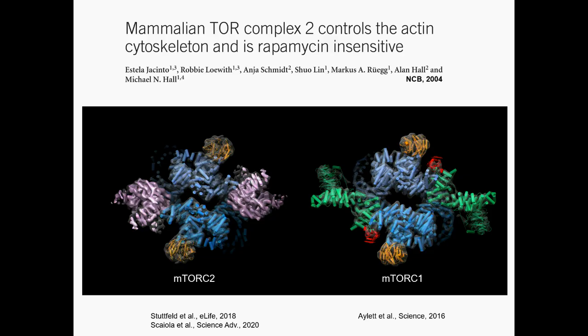This subunit, which is specific to TOR complex 2, masks the FKBP-rapamycin binding site on the lip of the cleft here, such that FKBP-rapamycin cannot bind TOR in TOR complex 2, whereas it can bind TOR in TOR complex 1. So that resolved the long-standing issue of why TORC2 is rapamycin insensitive.